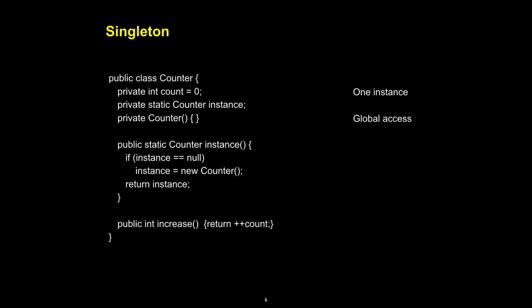We ensure there's only one instance because we're hiding the constructor. And we provide global access to it because we've got a static method that we can call from anywhere, because classes are globally accessible in Java.